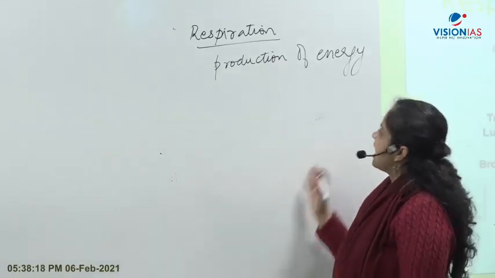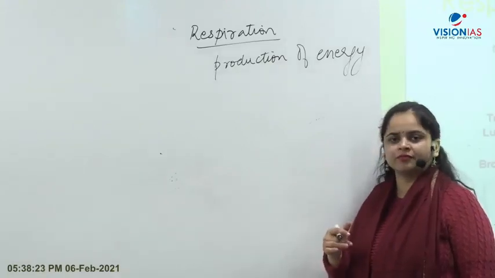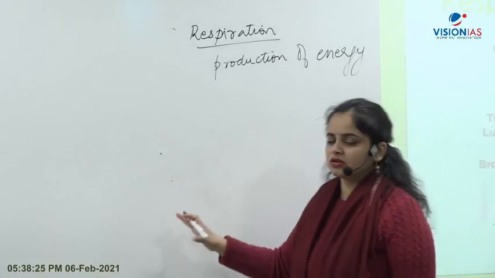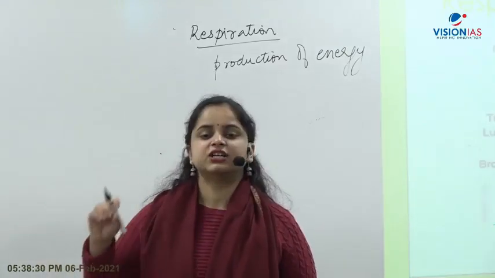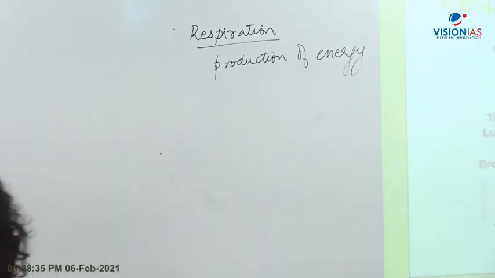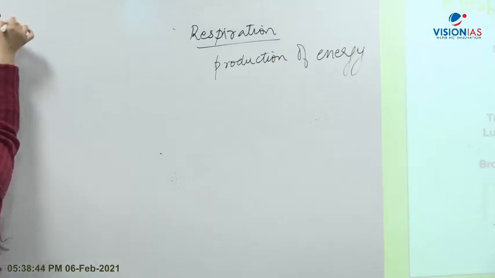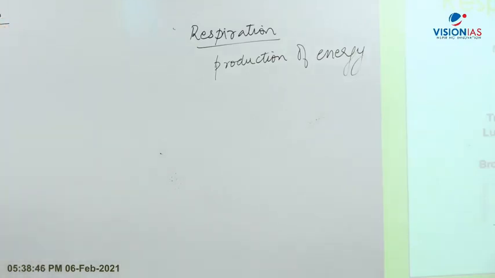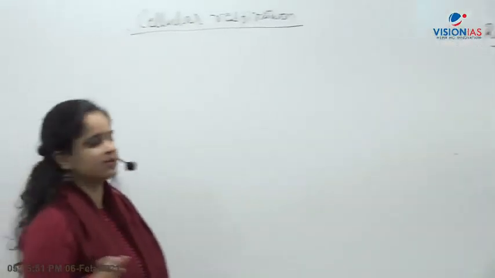Okay, and how this energy is going to be produced, that is what we have to learn. The process of production of energy takes place at the level of each cell. Each and every cell will produce its own energy. And if you remember, in the first class we discussed that glucose is the main source of energy. Right? And this glucose is being utilized by all the cells of the body.